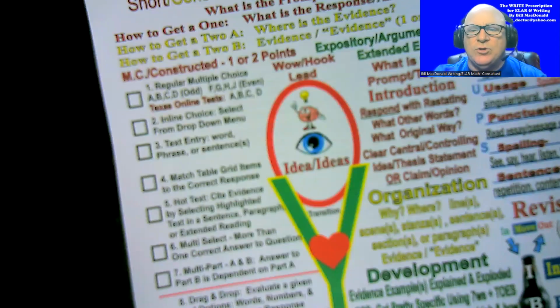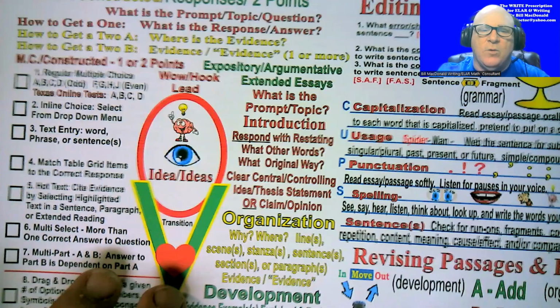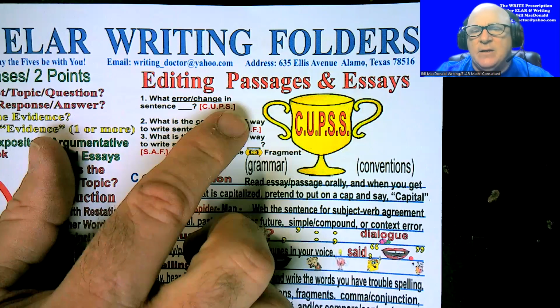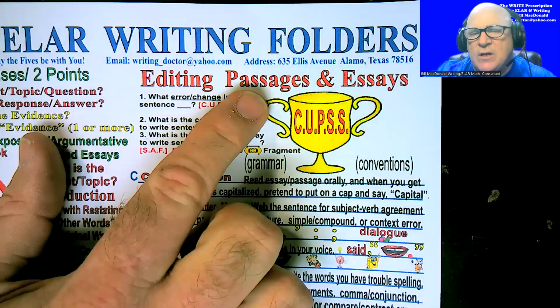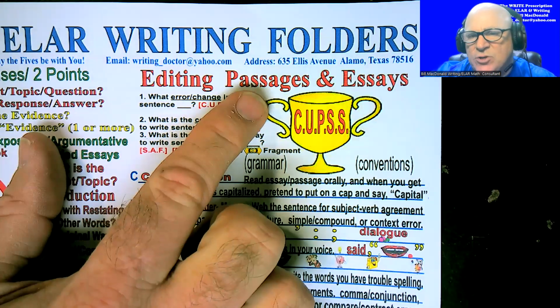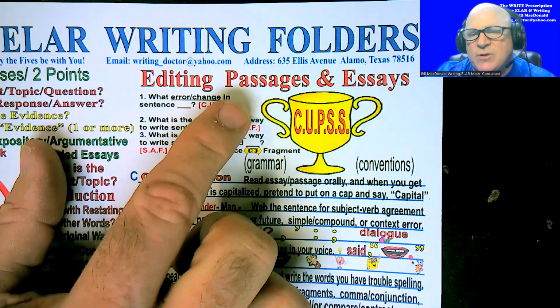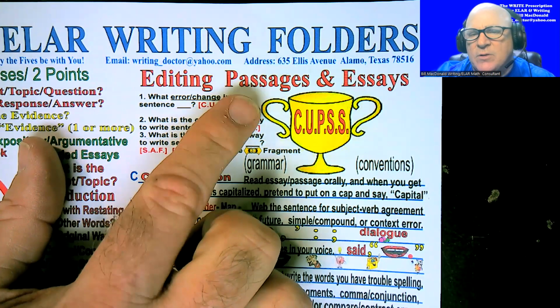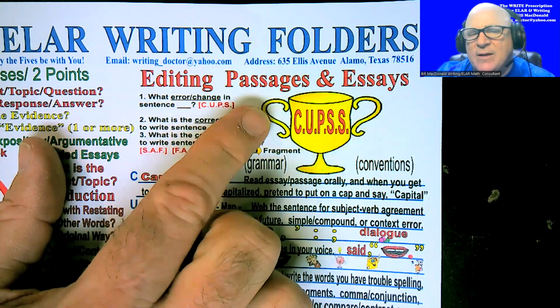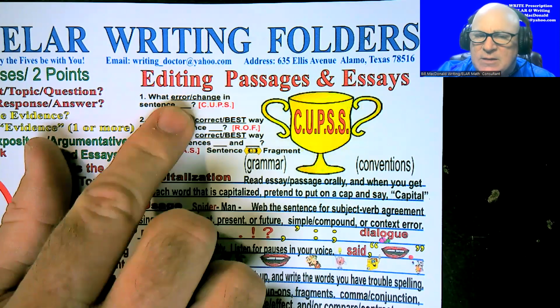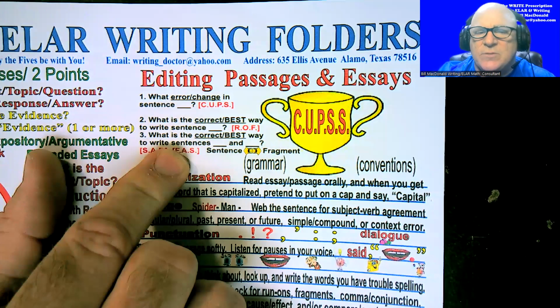So the question we're going to look at today happens to be based on rule number 2 in our editing passages. Every single student is going to get 2 passages, about 8 questions in elementary, about 9 in middle school, and about 11 in high school. You're all going to get the same kinds of questions.